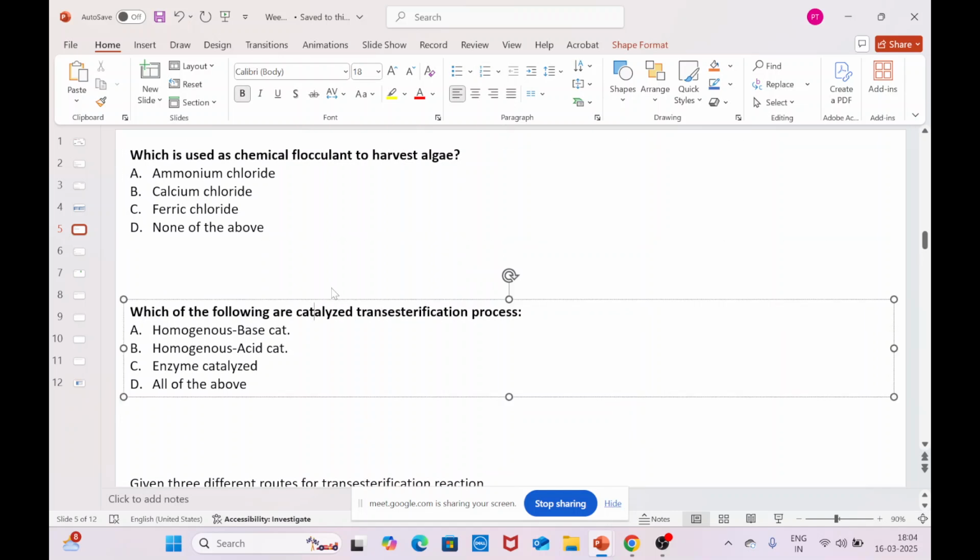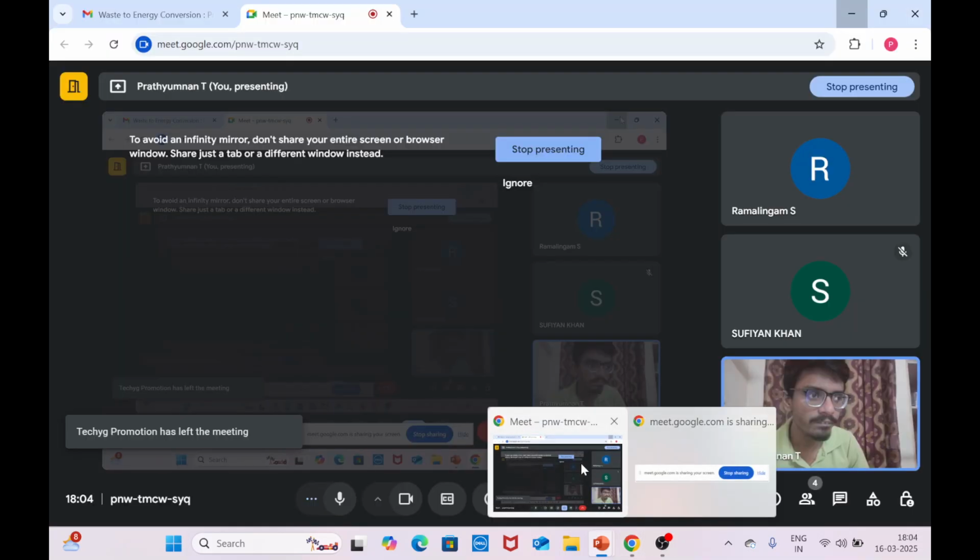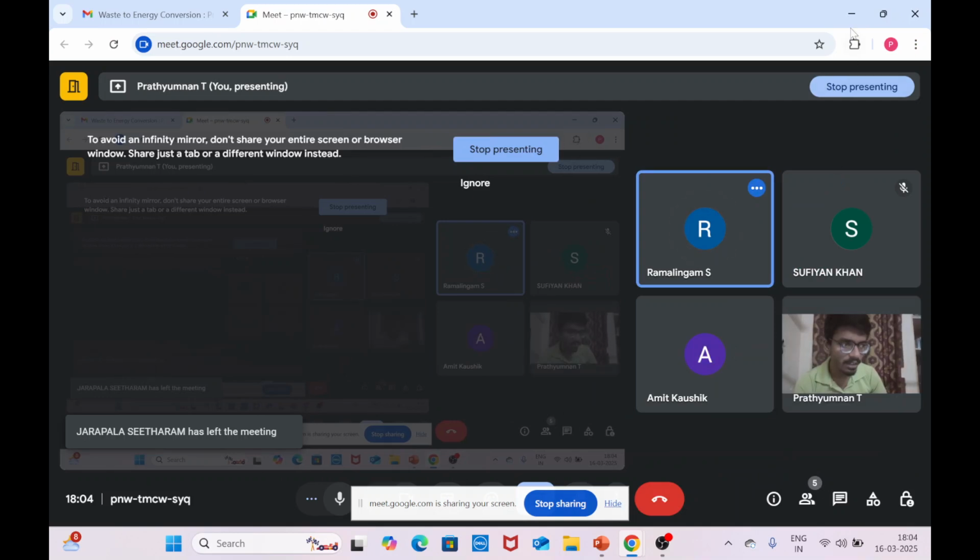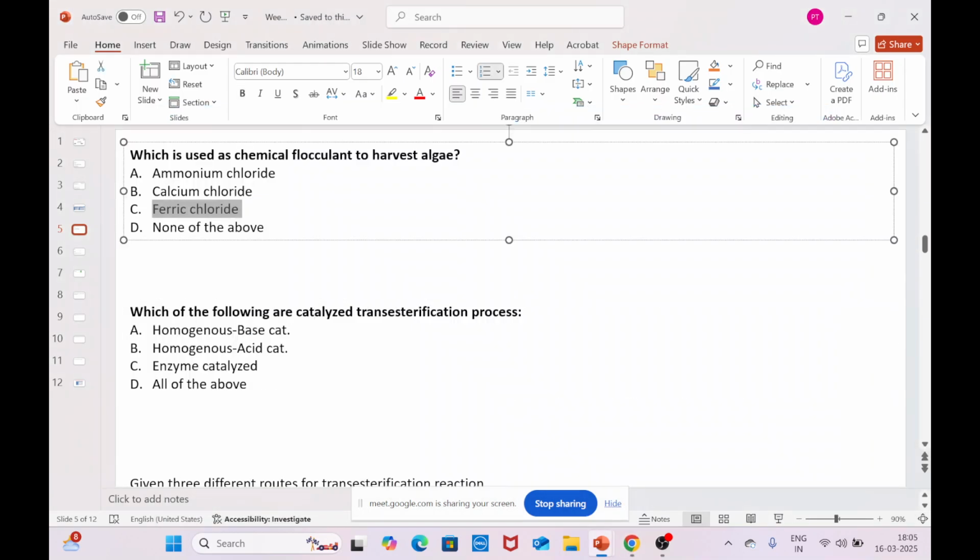What could be the answer for the second question? Which one of the following is used as a chemical flocculant to harvest algae? Okay, ferric chloride. Any other response from anyone?